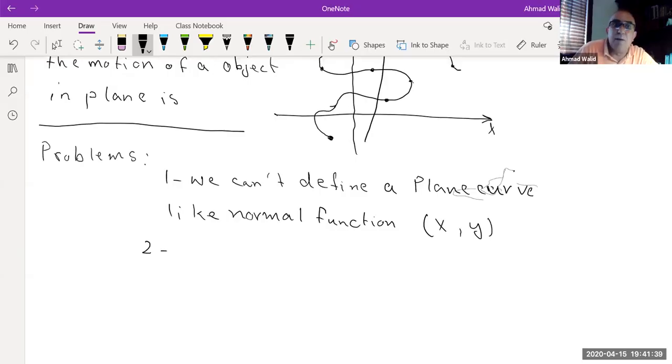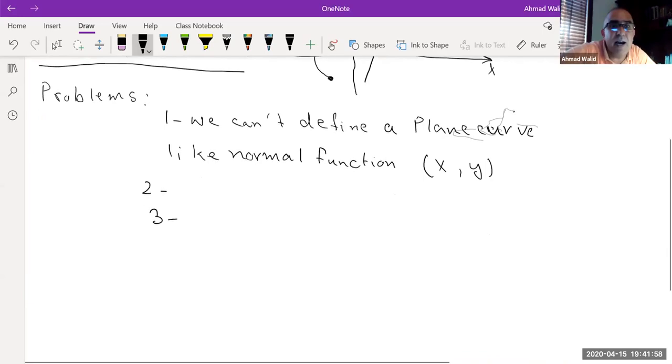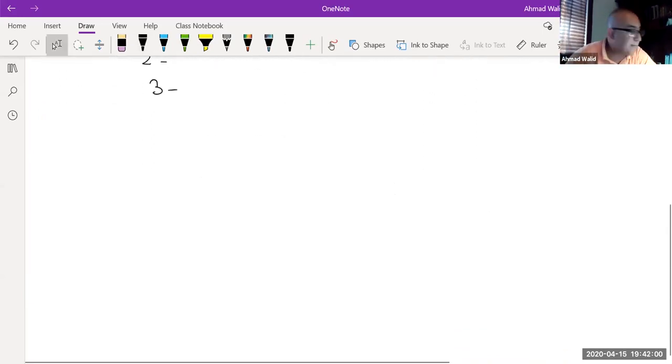And problem number 3, there is no direction. I told you, if it's a bug that doesn't respect mathematics, there is no proper direction for me. Now, how to deal with these curves? That's why the idea of parametric equations comes in.